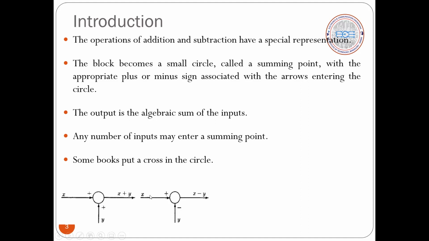Similarly, if you want to perform subtraction, the first signal will have the plus sign entering the summer, and the second signal enters the summer with a negative sign. And what is the output here? The output is the difference of the two signals. Similarly, you can handle three inputs here, or actually you can handle n input signals using this summer, which gives the output as the algebraic sum of the input signals.